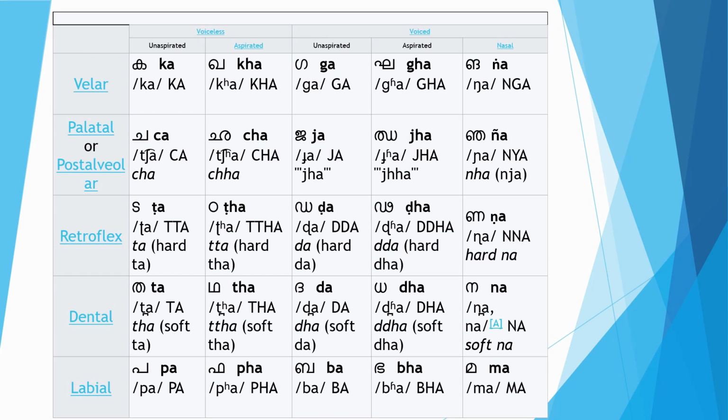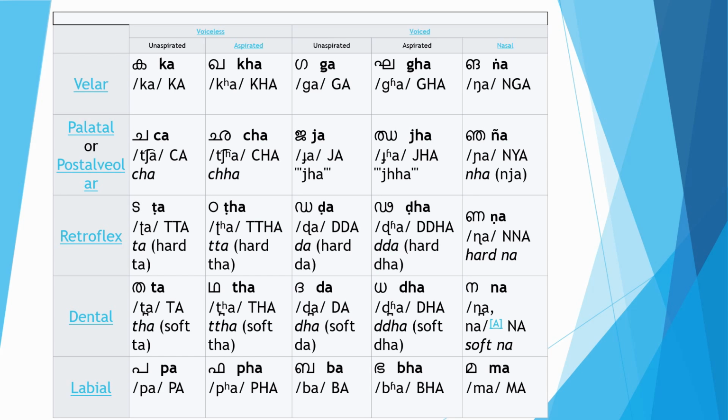Then coming to the next one, that is dental. Dental consonants are articulated with the tongue against the upper teeth. Let us pronounce that and see. Ta, tha, da, dha, na. Once again, ta, tha, da, dha, na.